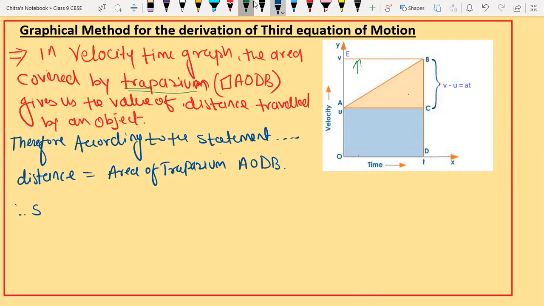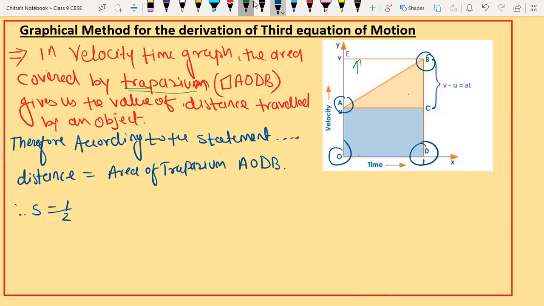Therefore, distance is S. S equals, what is the formula of the area of a trapezium? Half into sum of parallel sides. Which are the parallel sides? It is AO and BD.